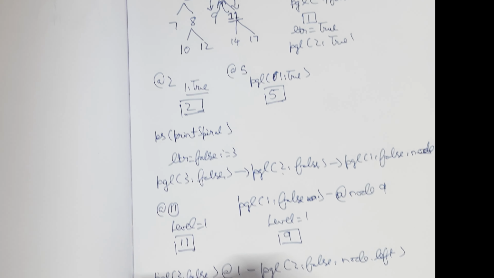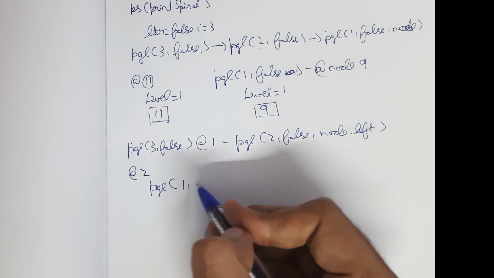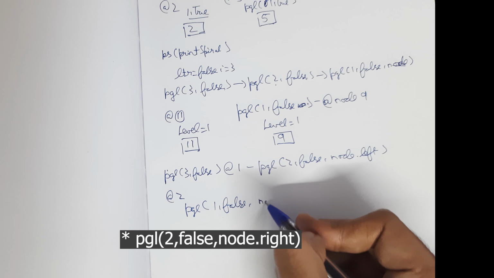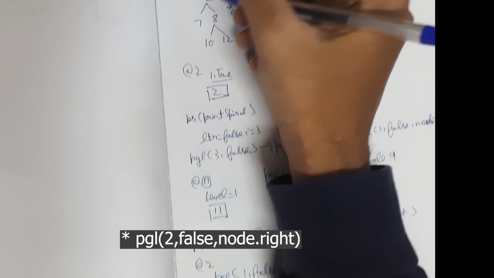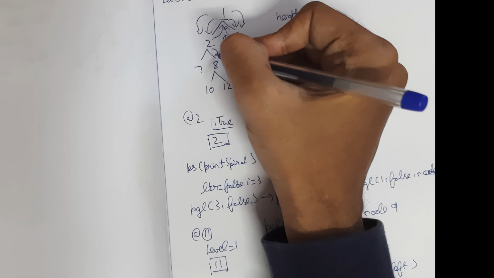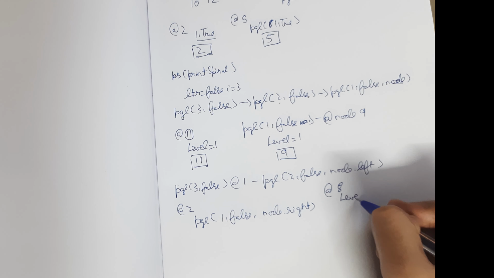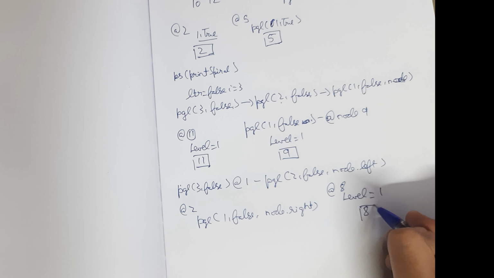At node 2 we have PGL of 1 comma false comma node dot right. So since node dot right is mentioned here, we go to the right subtree of node 2, which is node 8. At node 8 the level is 1. Since the level is going to be 1, the value 8 is going to be printed automatically.